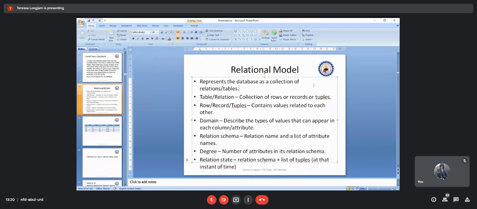In the ER model, and even here in the relational model, we use the term relationship, and that relationship is between two things, or in the ER model, between two entities, isn't it? So by using the relational model, we can represent a database, and it is going to be a collection of relations.